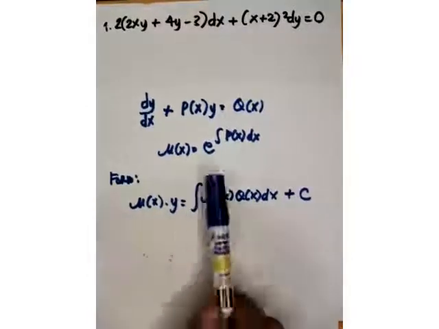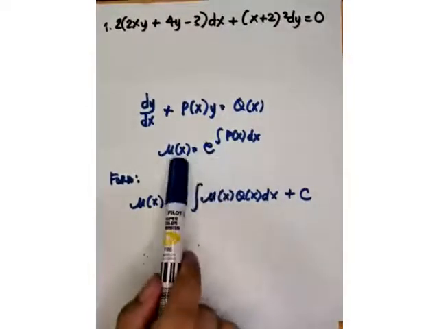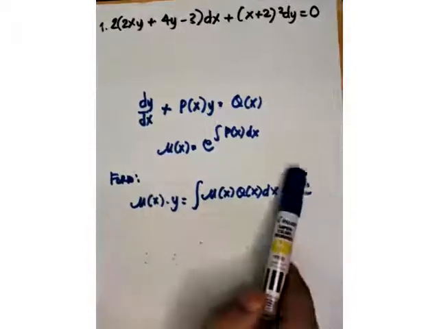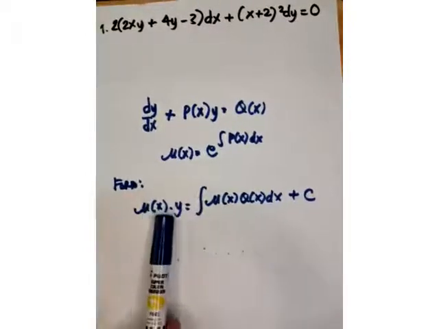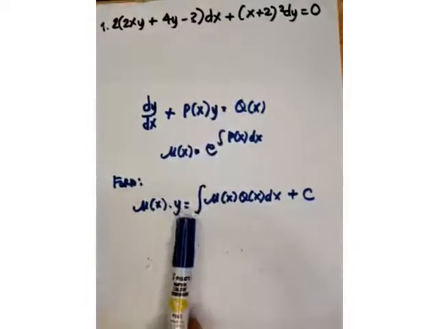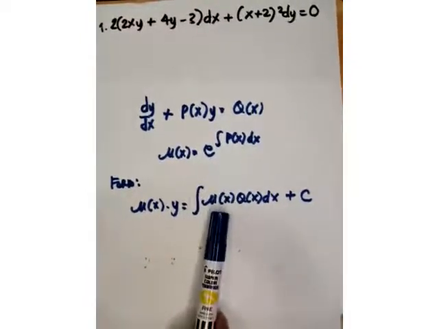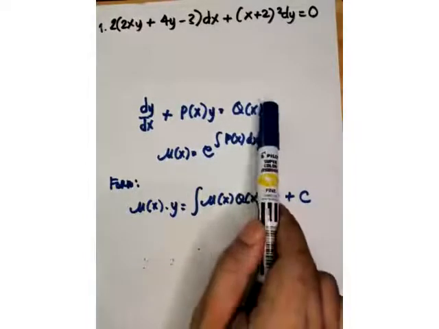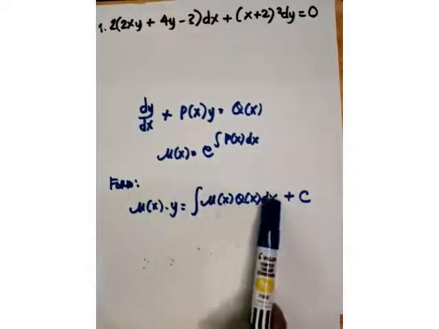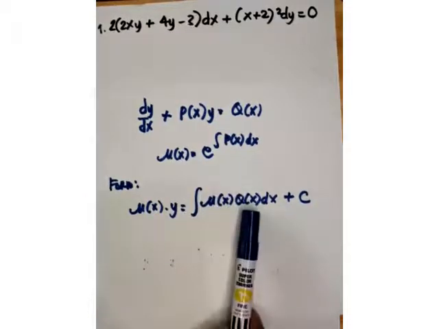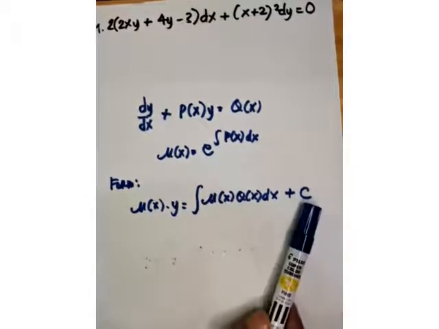Okay, so after we find the integrating factor, we will use this formula. You need to memorize this formula, and that is the integrating factor times y, that's equal to the integral of the integrating factor times Q of x, which is on the right side of the differential equation. And then you integrate the product of the integrating factor and Q of x, and then you add c.